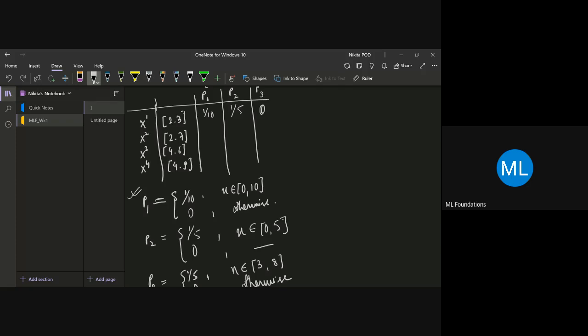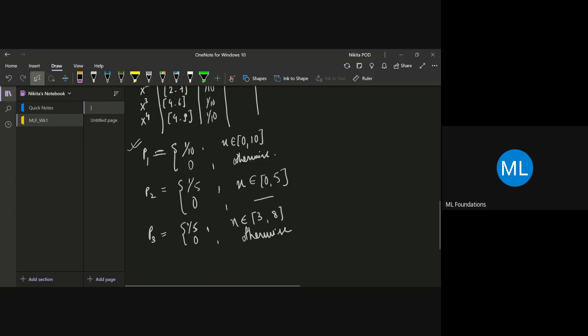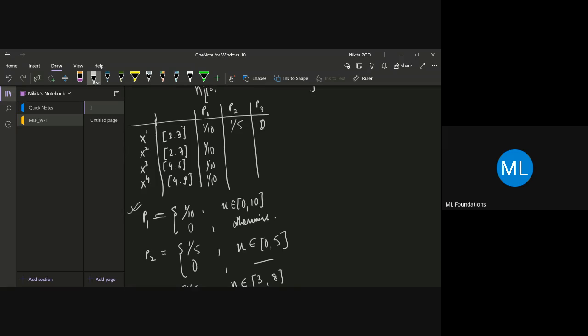So I will just write it down here. P1 is 1 by 10. P3 is 1 by 5 when x belongs to 3 comma 8, otherwise it's 0, and since x1 is 2.3, it is 0. The rest of the values are 1 by 5, with one 0.